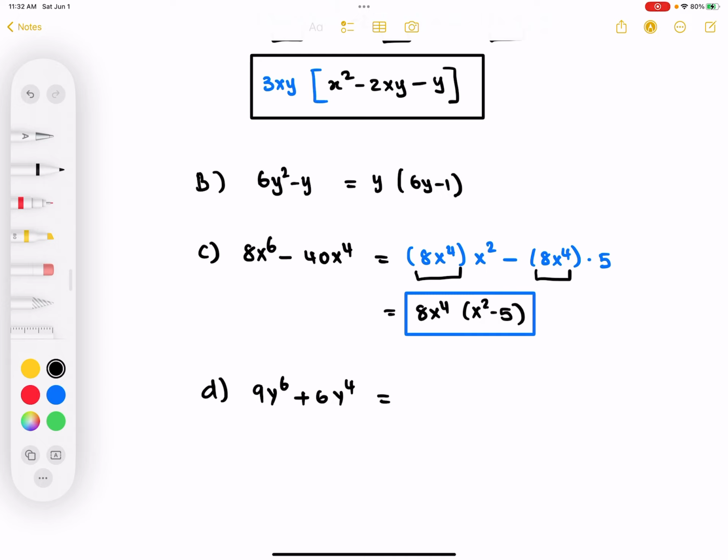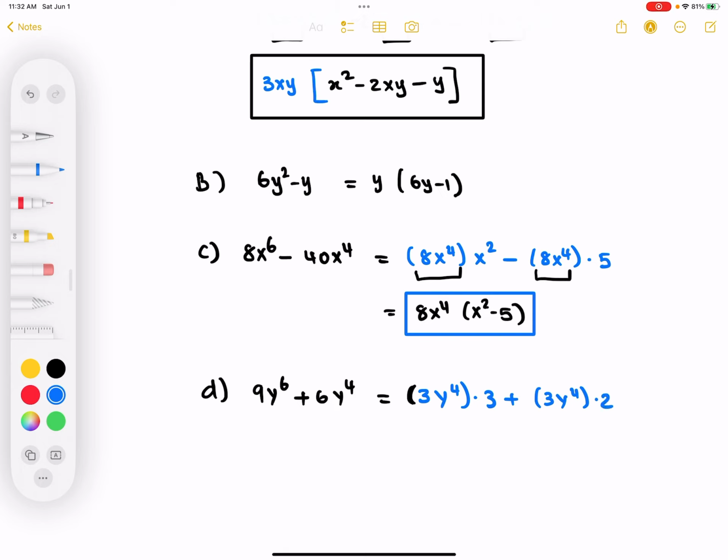Let's use another example, D: 9y to the 6 plus 6y to the 4th. Now 9 can be written as 3 times 3, so 3y to the 4th times 3y squared, plus 6 is, again, 3y to the 4th times the remaining 2.